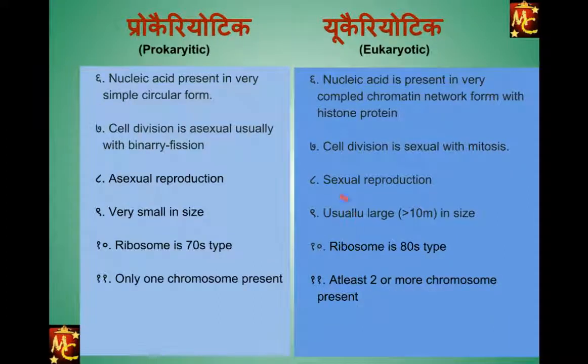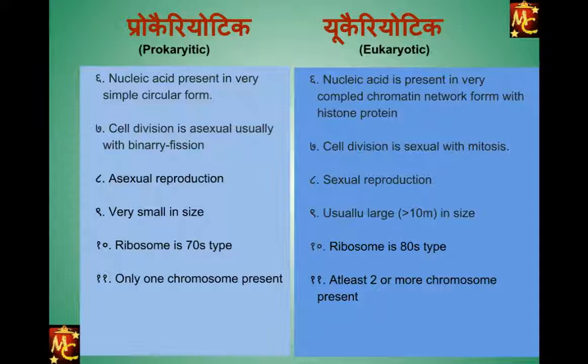Number 6, the sixth difference, is that nucleic acid is present in a very simple and circular form in prokaryotic cells. However, in eukaryotic cells, the nucleic acid is present in the nucleus as a chromatin network, which is actually made of proteins and DNA.